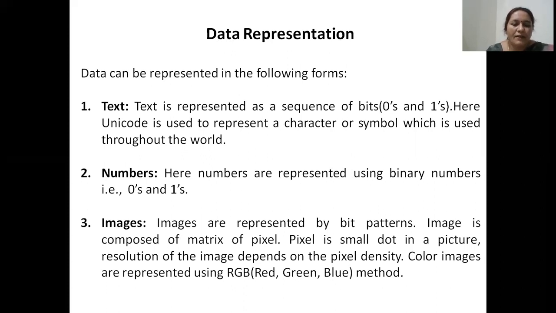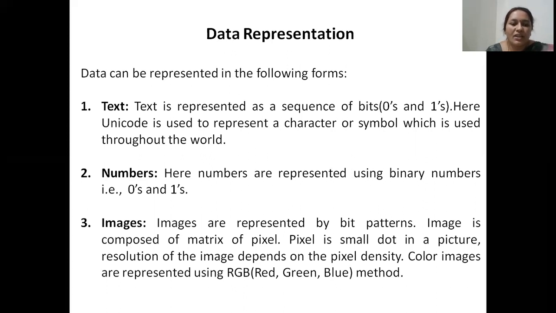So basically, when we consider a black and white image, if the pixel is illuminated, we consider it as binary 1. And if the pixel is not illuminated, we consider it as 0. So for black and white images, there are only 2 pixel values, either 0 or 1. So 0 means absence of intensity in the pixel, 1 means presence of intensity in the pixel.